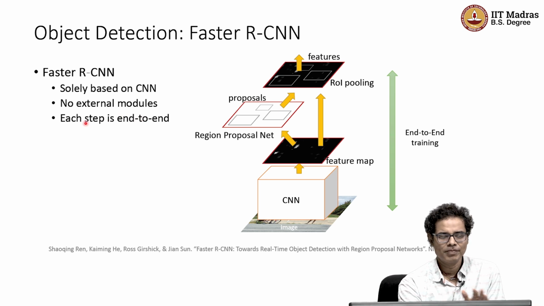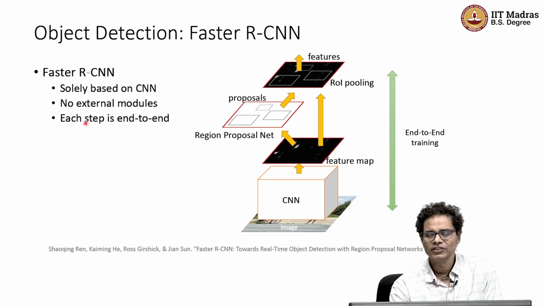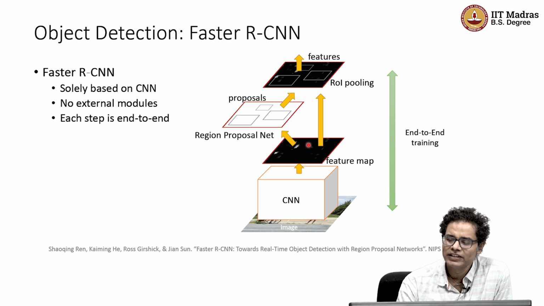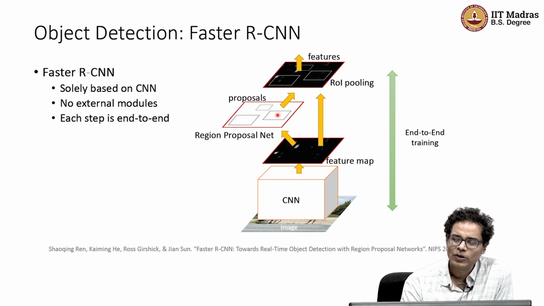This is the best of all these versions, you can say. First it takes the input image and computes the CNN features at some layer. Based on this feature map, it then does region proposal. There is a network called the Region Proposal Network, which proposes the ROIs.